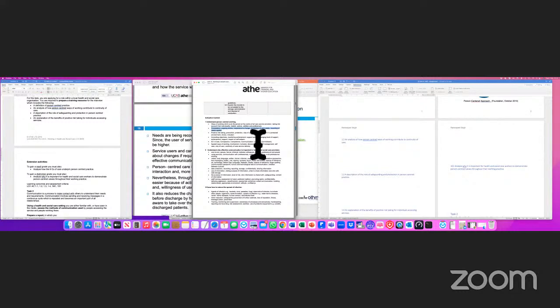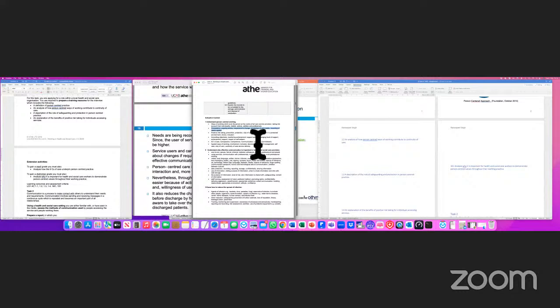It allows care to be tailored and delivered as per the patient's needs and requirements. And then it also looks at taking into account practices which can be improved once any shortcomings or shortfalls are discovered while delivering care to patients.